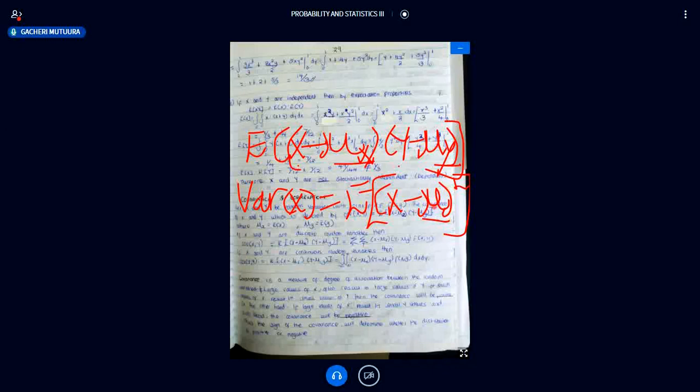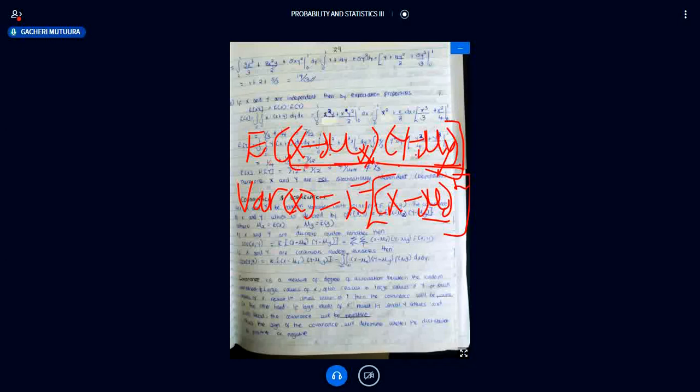Since we are dealing with two variables, if you take x minus mu x times y minus mu y, it's as if you've squared it, but not in the express terms of squaring. You're considering the first variable times the second variable. It's still the second moment because we are still dealing with the two variables.